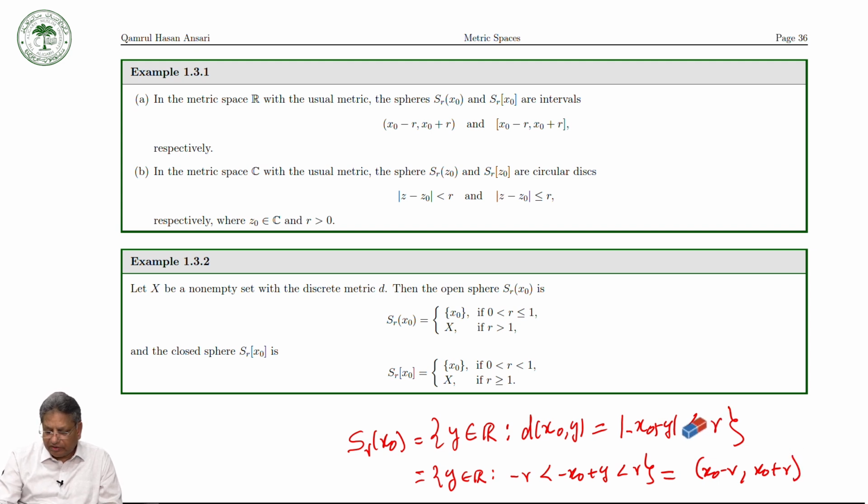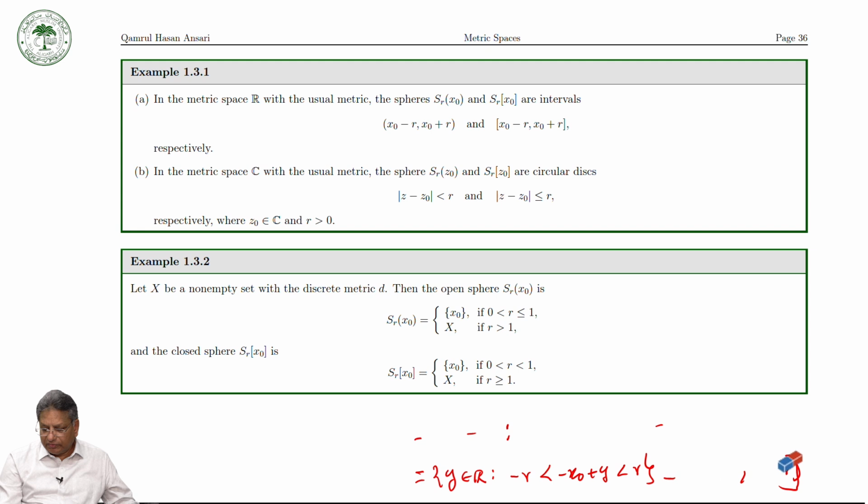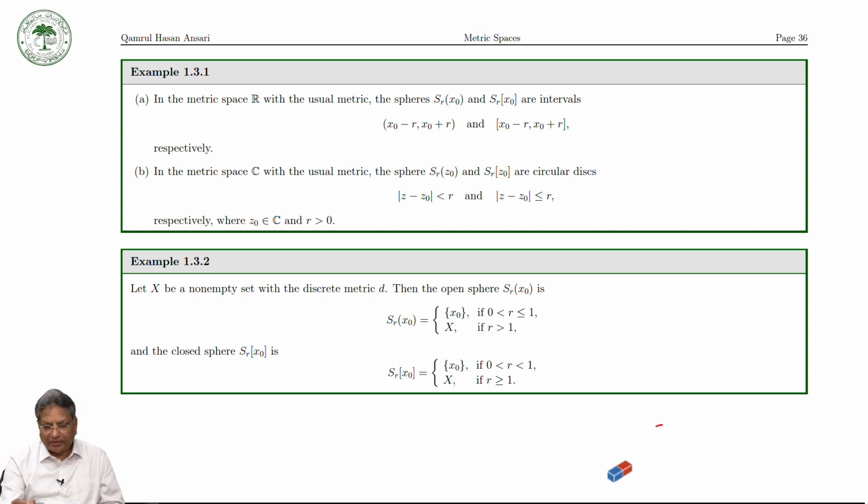And if here you have a less than or equal to, then you will have the closed one. So this way you can calculate and see that the open ball in the usual metric space is the open interval, and the closed ball with center at x0 and radius r is the closed interval.